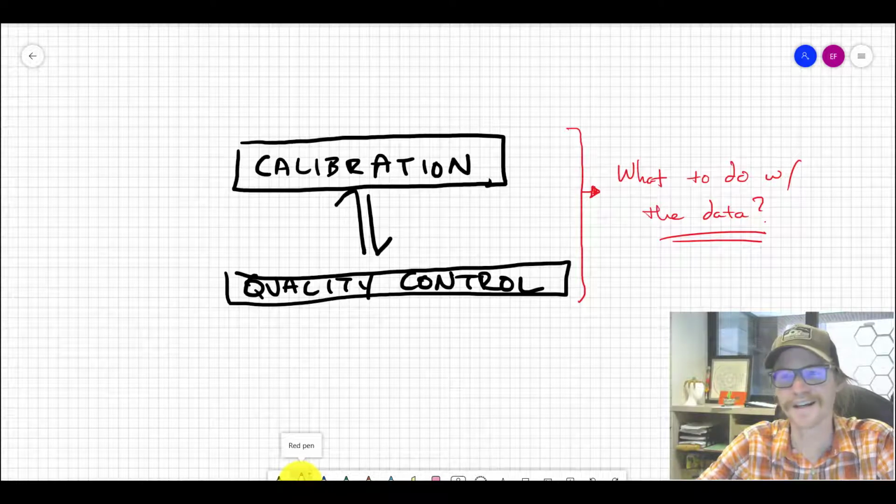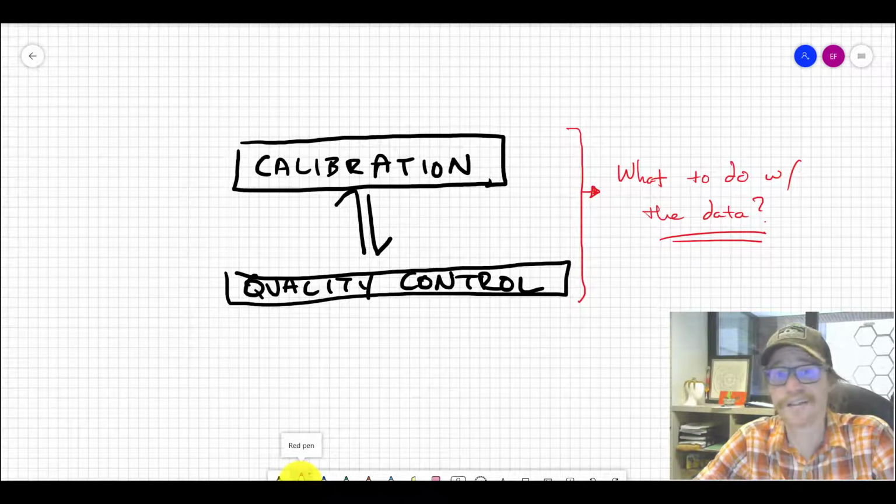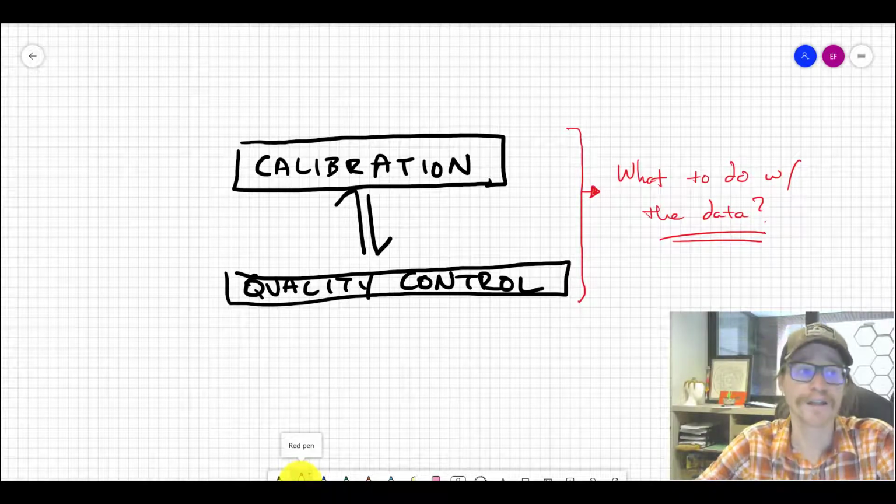Or is this a rough titration to consider generally what the concentration of an ion is in water for your own general understanding of the system, right? Those are all very different questions, and they require different treatments of the data, and probably different collections of the data, and certainly different methods of calibration and different considerations of quality control.